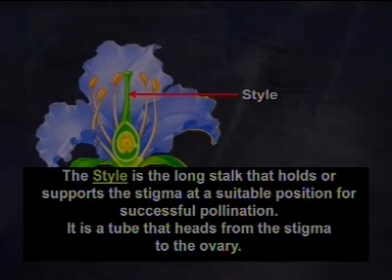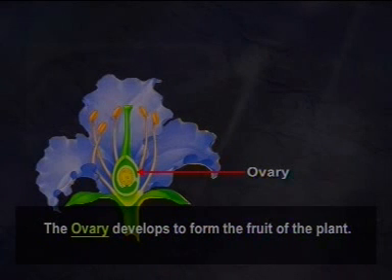The style serves as a tube through which the pollen tube moves during the time of fertilization. The ovary develops to form the fruit of the plant. So during fruit formation, it is the ovary that grows, that becomes bigger to form the fruit.